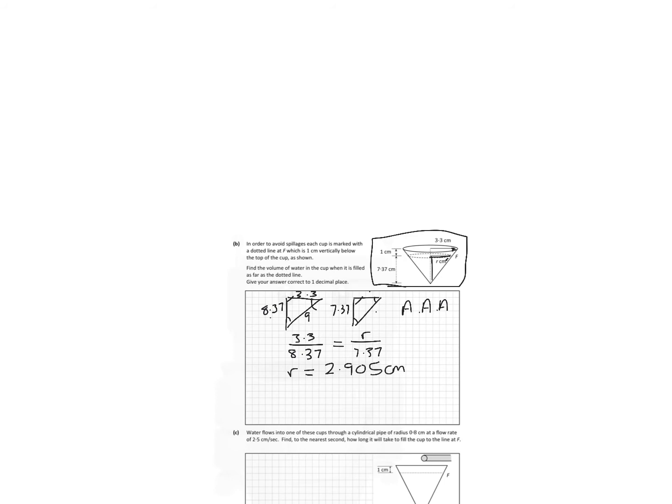Because we're going to find volume, we use the volume formula: V is equal to 1/3 pi 2.905 squared multiplied by 7.37, which is my height, and that's going to give me a volume of 65.2, to one decimal place, centimeters cubed.